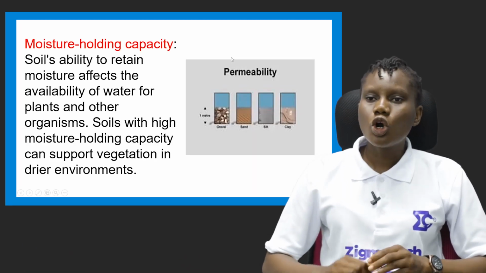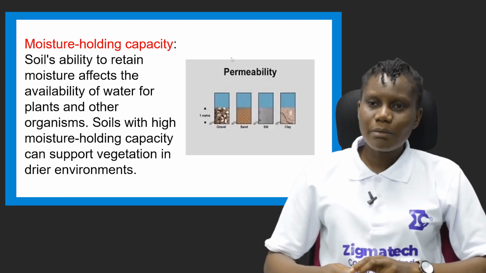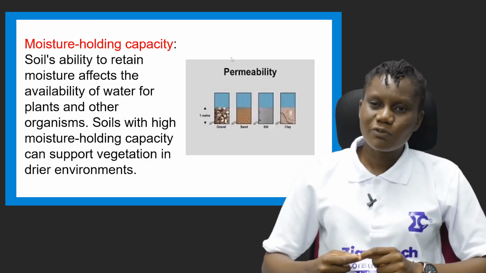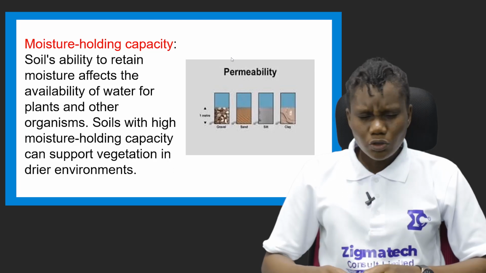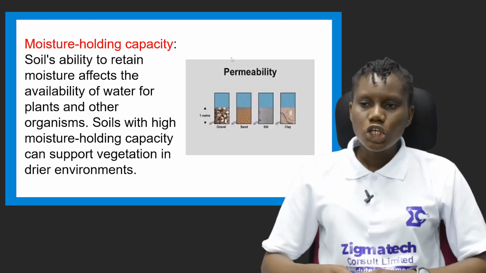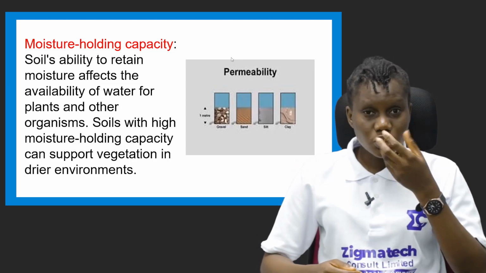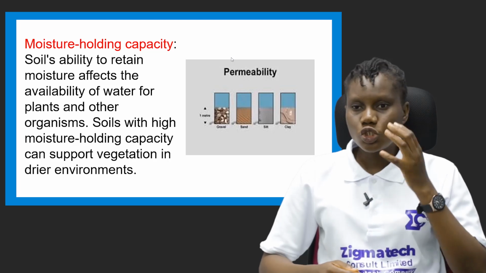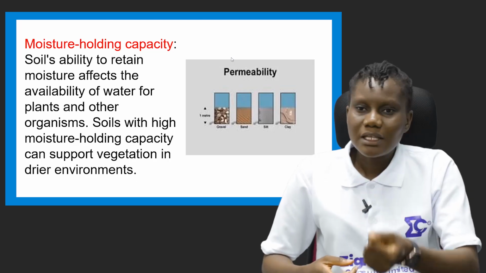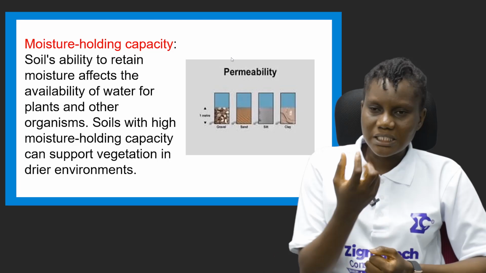Next is moisture holding capacity. Soil's ability to retain moisture affects the availability of water for plants and other organisms. I know by now you should have carried out an experiment. If you have your sand, your clay, and your loam, and you pass water through it, you see that your sandy soil is coarse, so it doesn't absorb enough water, unlike your loam and your clay that is fine.